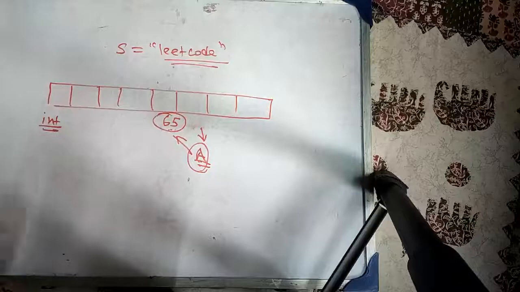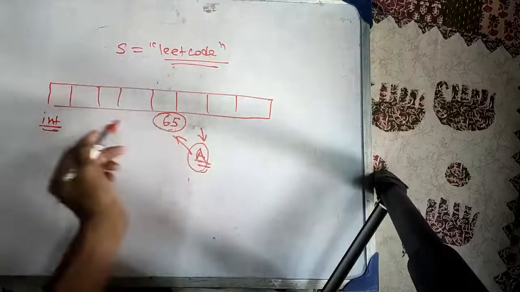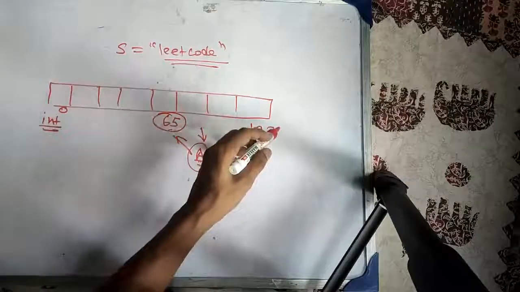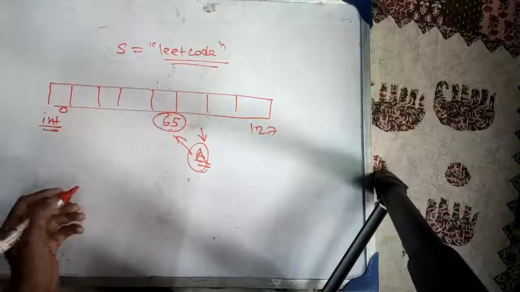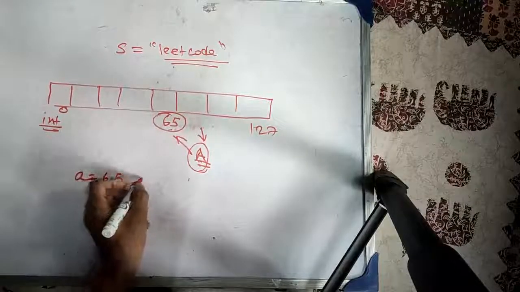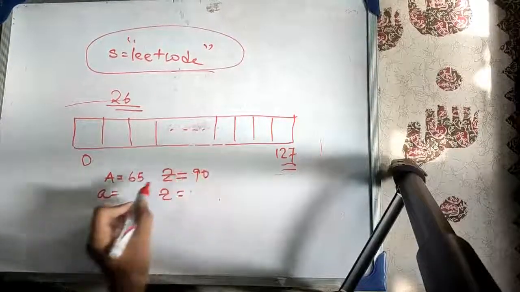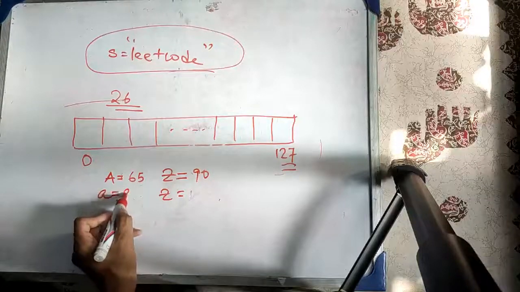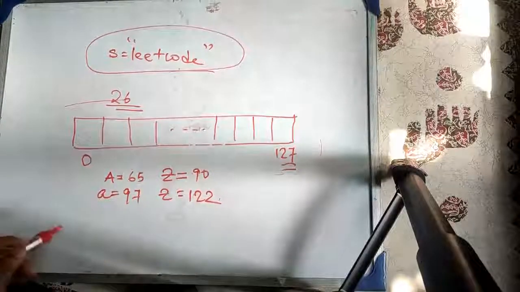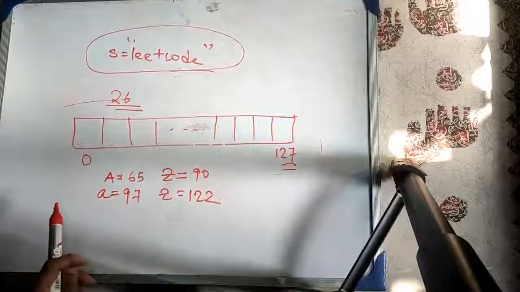What will be the total size? The total size will basically be 128, indices 0 to 127. Why 0 to 127? Let's understand. The ASCII value of capital A is 65, and of capital Z is 90. Similarly for small a it's 97, and for small z it's 122. So what is my target? I have first created an array of integers.